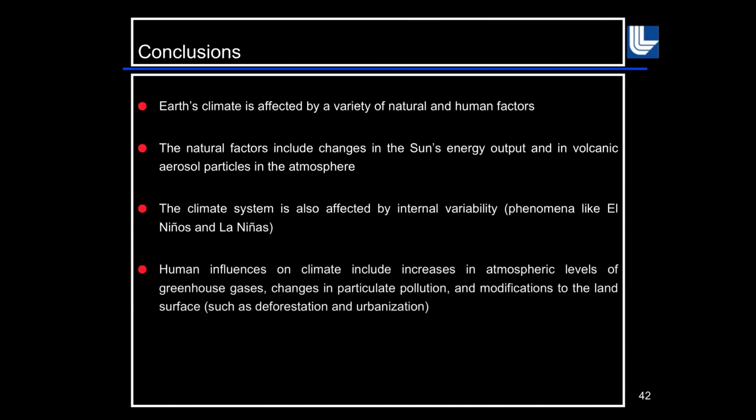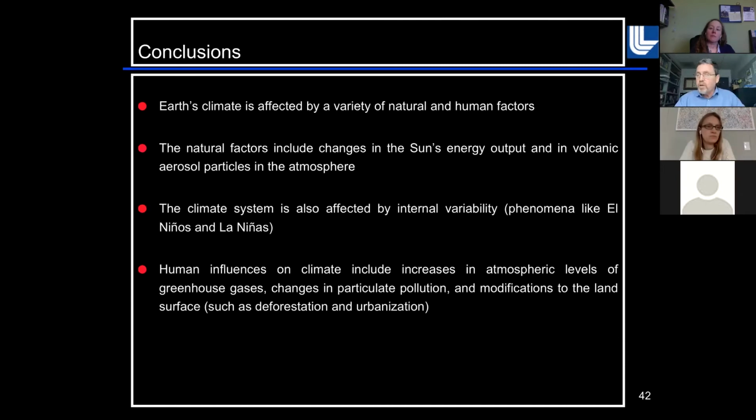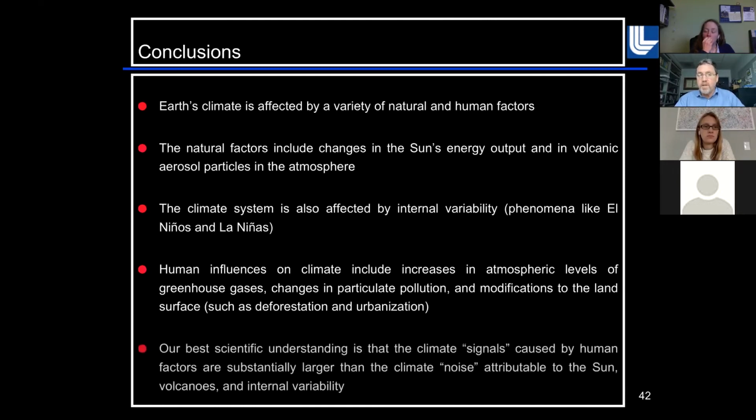But in addition to these natural factors, there are strong human effects on climate due to burning of fossil fuels and the increases in heat-trapping greenhouse gases that has caused, due to changes in particulate pollution, and due to modifications to the land surface arising from things like deforestation and urbanization.